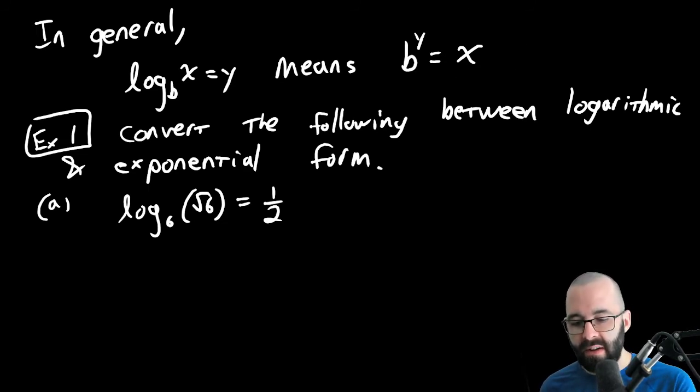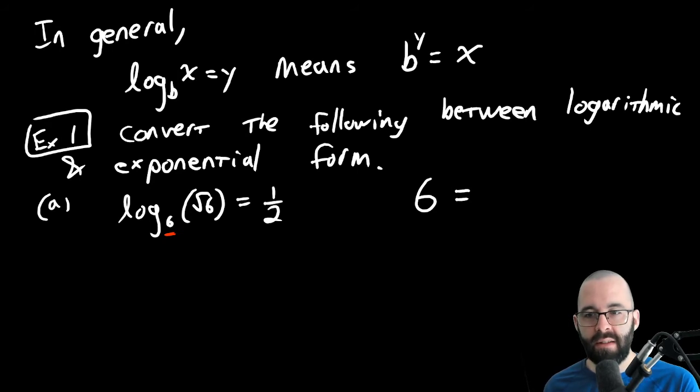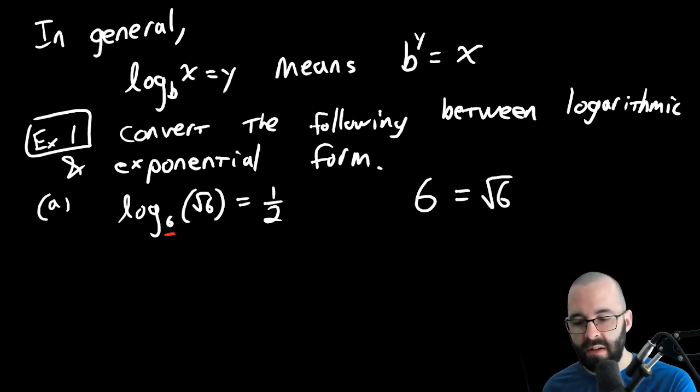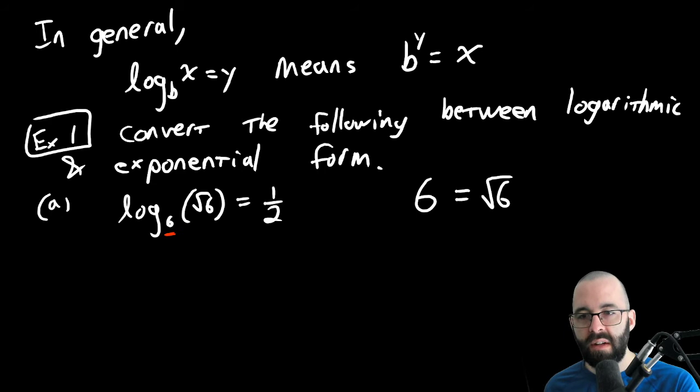So I always like to start: the base of the logarithm becomes the base of the exponential. So 6 is the bottom of our exponential function. This b is the same as this b. B for base. The input of the logarithm becomes the output of the exponential function. The square root of 6 comes over here. The output of the logarithm becomes the input of the exponential function. So it goes up there.